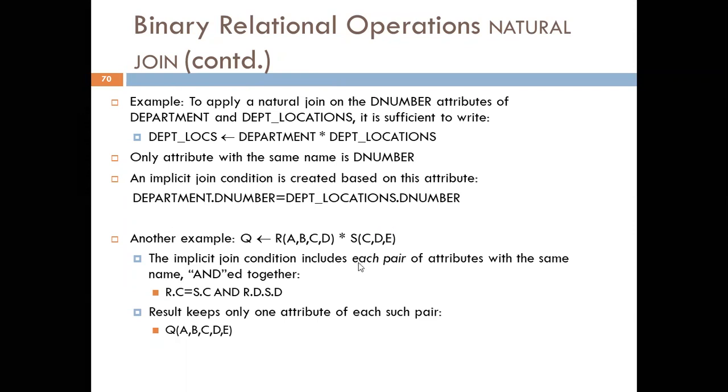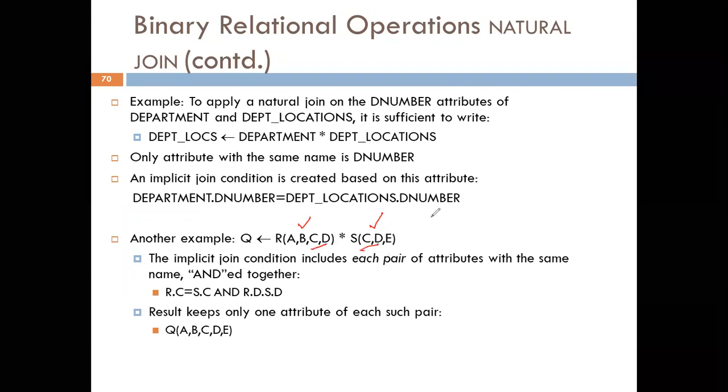Now the next question that arises is, consider these two relations R and S. R has the attributes A, B, C, D on one side and S has C, D, E on the other side. So here C and D, two attributes, have the same name.